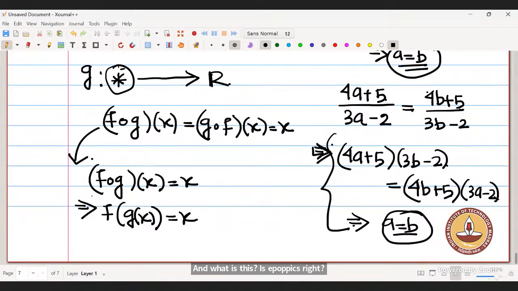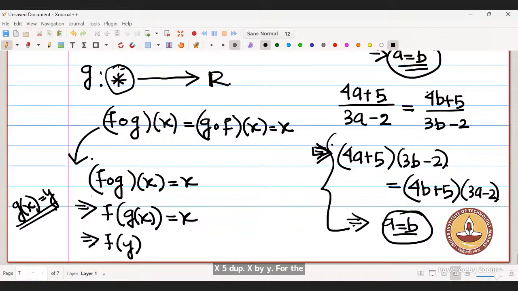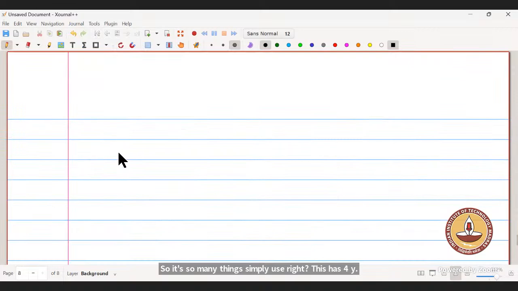Let's denote this g of x by y, for simplicity. We don't want to write so many notations. Simply you write this as f of y equal to x. So if I write f of y equal to x, then what is f of y?